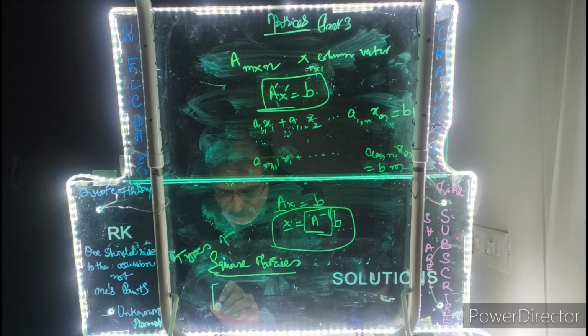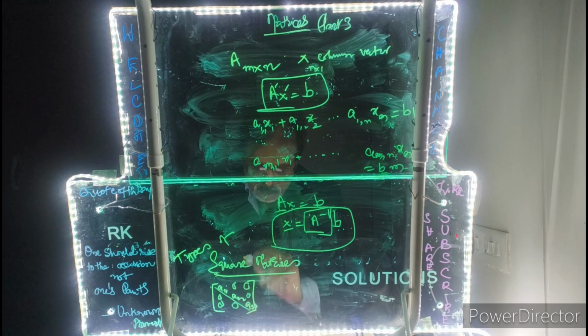Square matrices can be a diagonal matrix, meaning a11, a22, a33, and elsewhere you have zeros. Only this diagonal has the values. So this is the diagonal matrix.